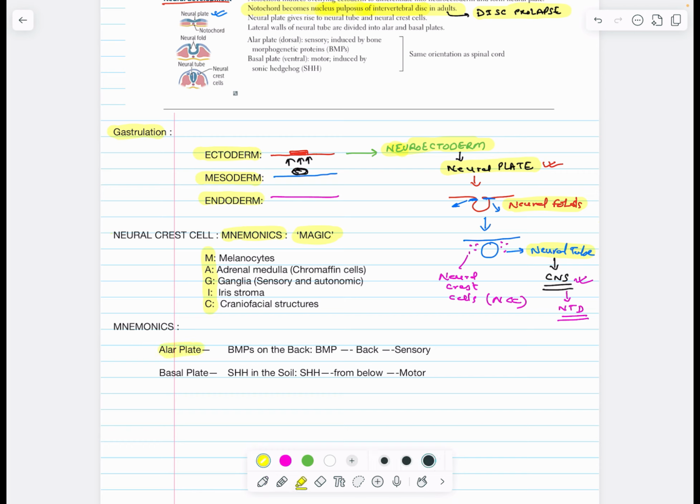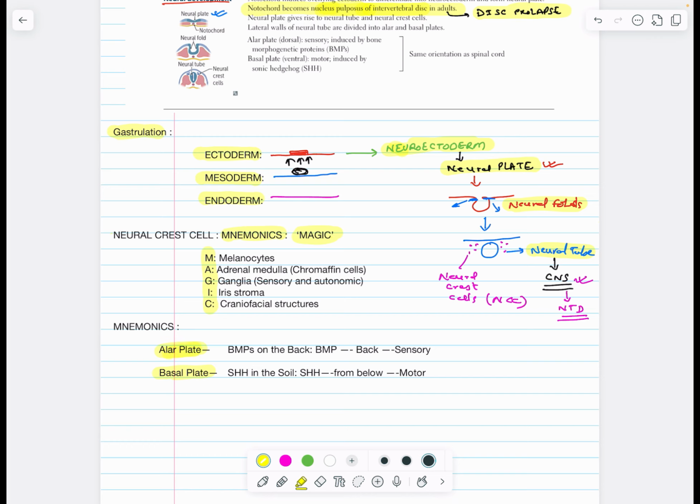The first one is BMP, bone morphogenetic protein, from the overlying ectoderm, which induces the alar plate, that is, sensory neurons. And SHH, sonic hedgehog, secreted by the notochord and floor plate, induces the basal plate, and that is the motor neurons.